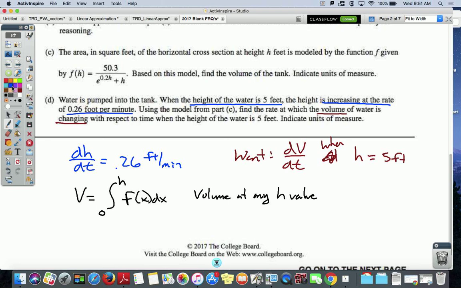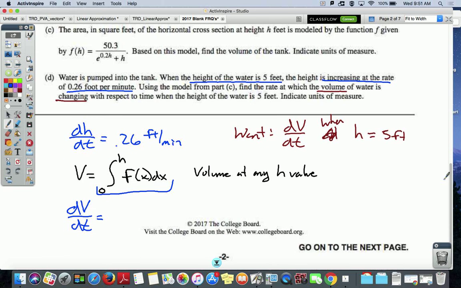Now let's think about the process of finding dV/dt. I'm taking the derivative of this volume equation. What happens when I take the derivative of an integral? We have to think about the fundamental theorem of calculus. The derivative of an integral, they undo each other, and I'm going to take this h and plug it in for x. That gives me f of h.